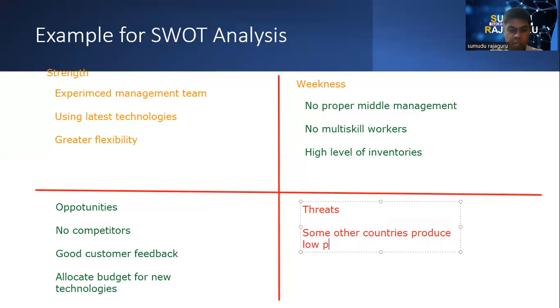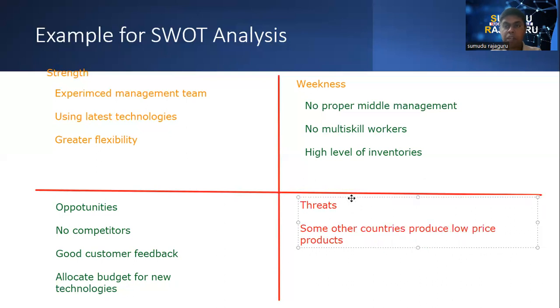Low cost means low price products. That can be a threat to us, because based on labor cost or something, some countries produce products at low cost, and then they can put those products into the market at a low price. So that can be a threat to us.